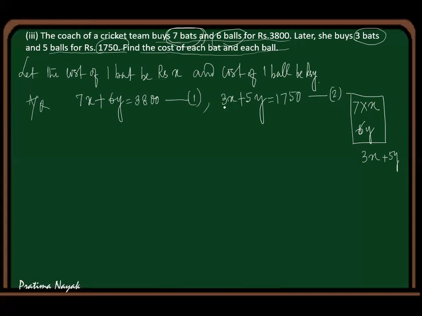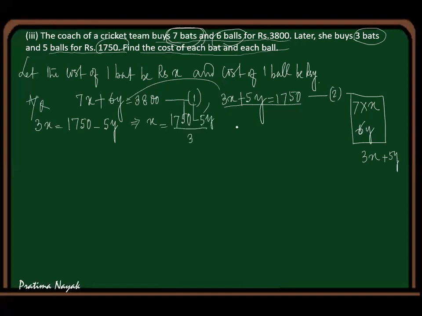So from equation 2, I am taking the value of x and I will substitute in the first equation. So 3x is equal to 1750 minus 5y, or x is equal to (1750 minus 5y) upon 3.